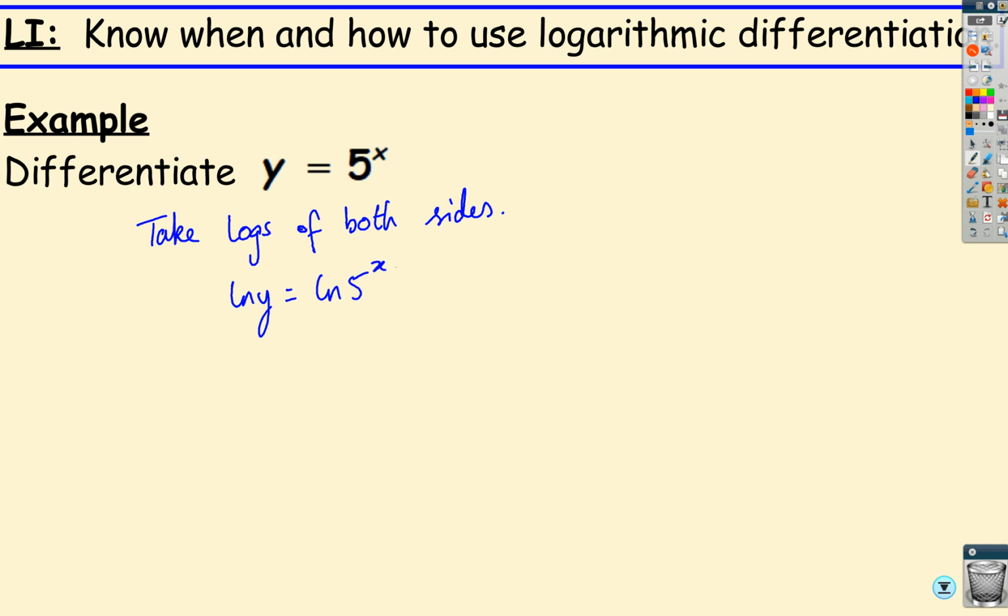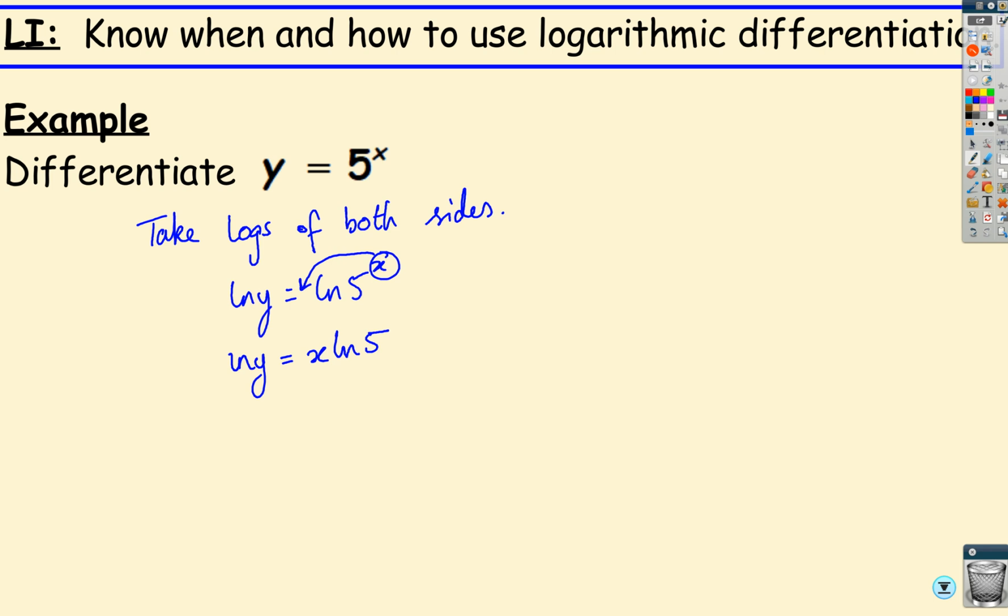And the reason that's beneficial is because we can use the log rules to get the variable off the power. So using the rule from higher maths, log y now equals x log 5.